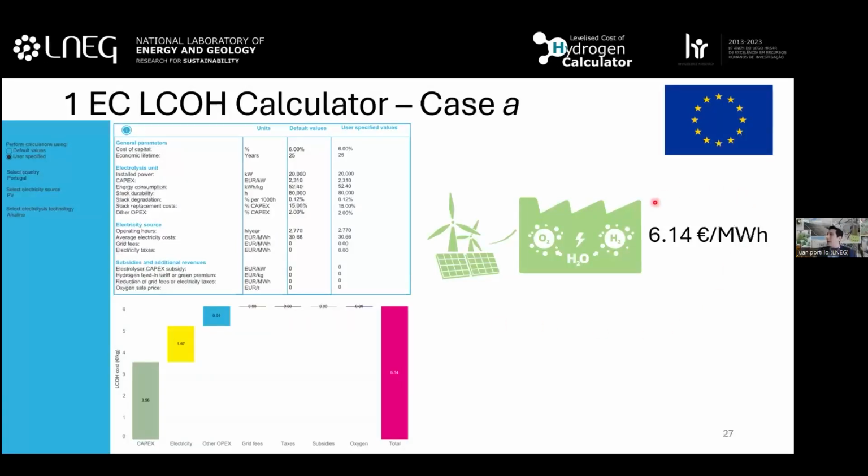The result of these default values for Portugal, as you can see here, PV as a source, using alkaline electrolyzers, is 6.14 euros. In this case, it is not per megawatt hour, it is per kilogram of hydrogen.